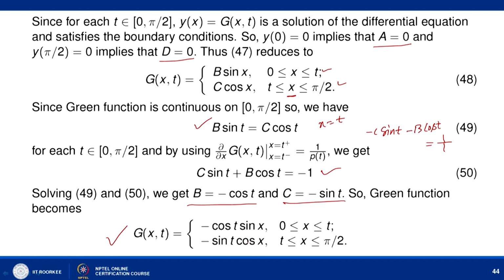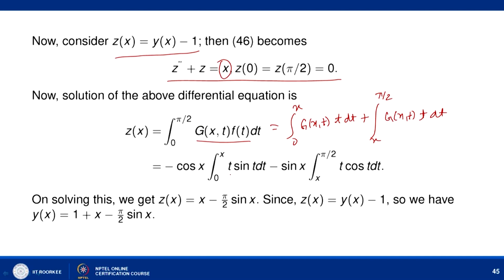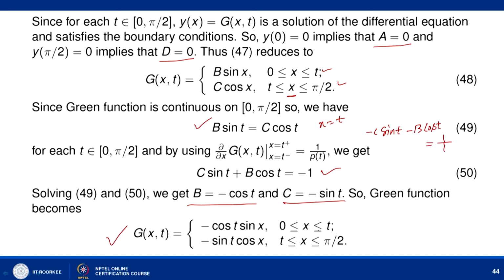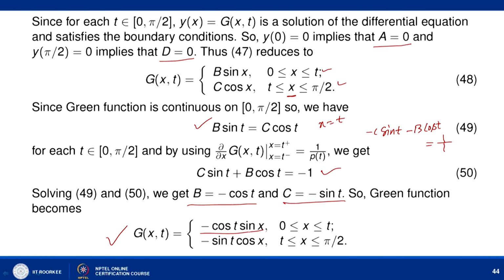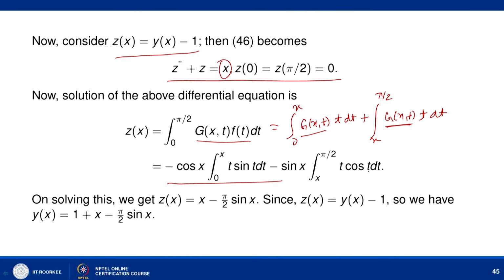For x greater than t we use G(x,t) equal to minus sin t cos x. In the second region, t is bigger than x, so we use G(x,t) equal to minus cos t sin x. Minus cos t will go outside, and sin x is taken outside because the integral is with respect to t.